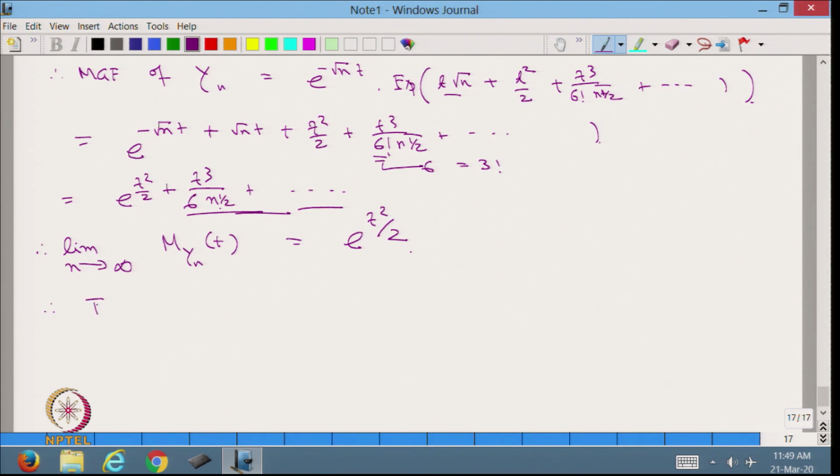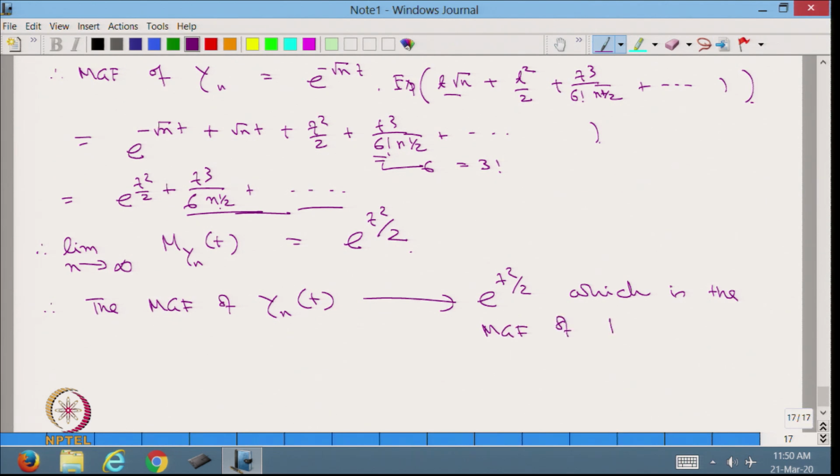Therefore, the MGF of Yn(t) converges to e to the power t square by 2, which is the MGF of standard normal with parameters 0, 1.